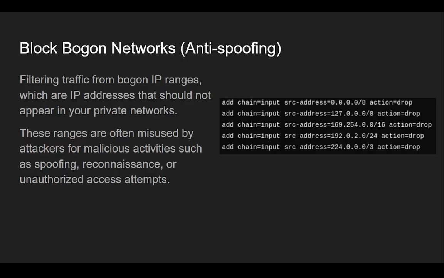Also, I recommend blocking bogon networks to protect against spoofing, filtering traffic for bogon IP ranges, which are IP addresses that should not appear in your private networks, so you have to block them. These ranges are often misused by attackers for malicious activities such as spoofing, reconnaissance, or unauthorized access attempts. So, for example, here I put a MikroTik firewall rule to block the input chain for these ranges, for example 169.254.0.0.